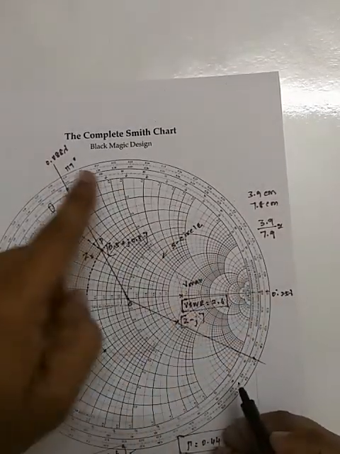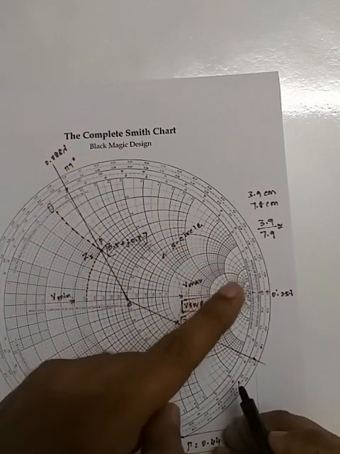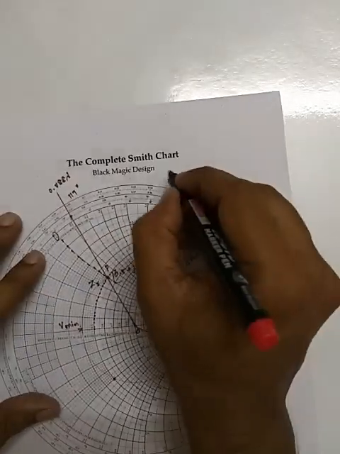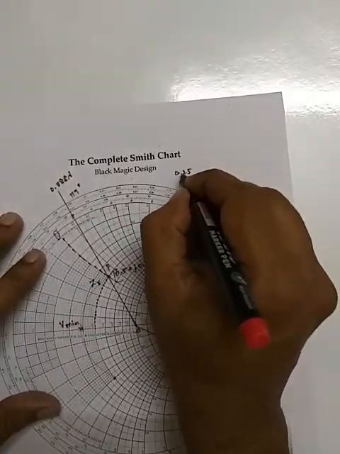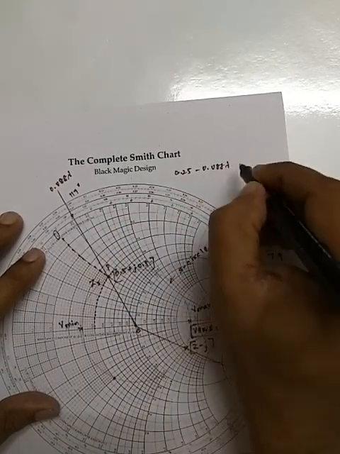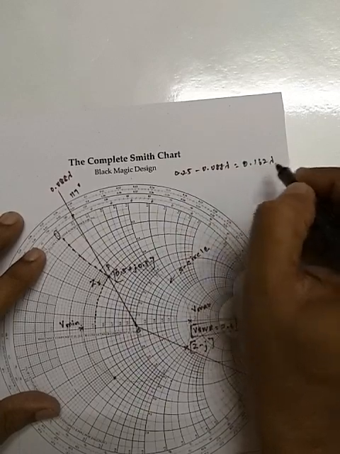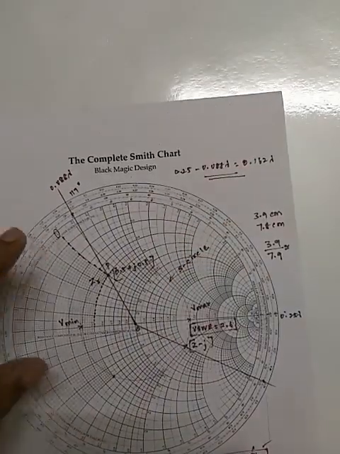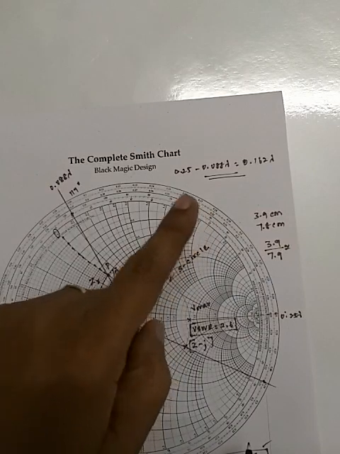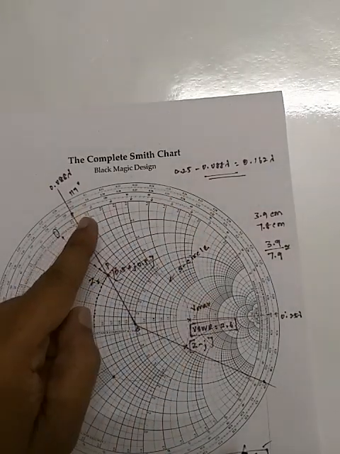If you take the difference between these two points, you will get the distance between load and V maximum. That is 0.25 minus 0.088 lambda, so your answer is approximately 0.162 lambda. This is the position of V maximum from load.